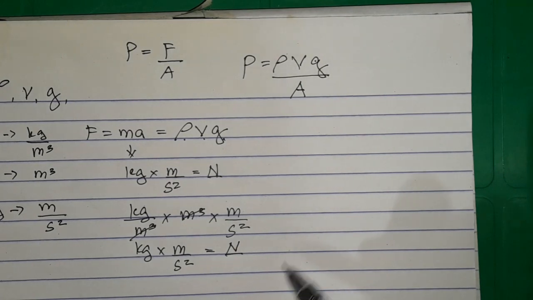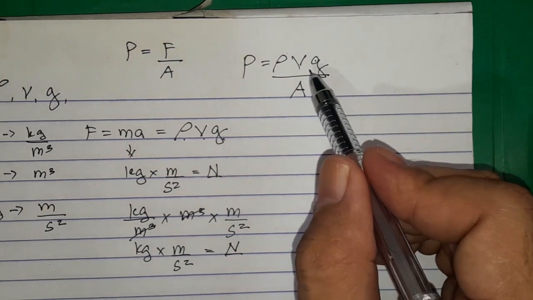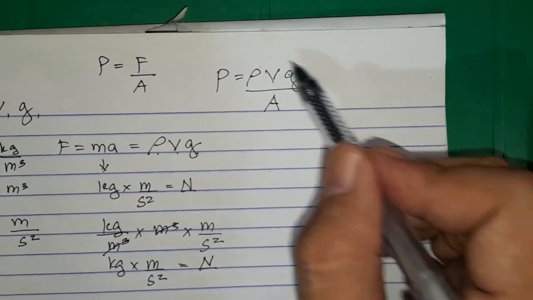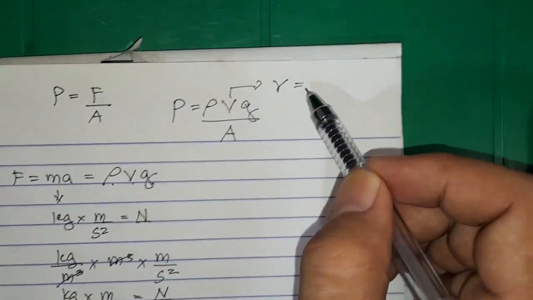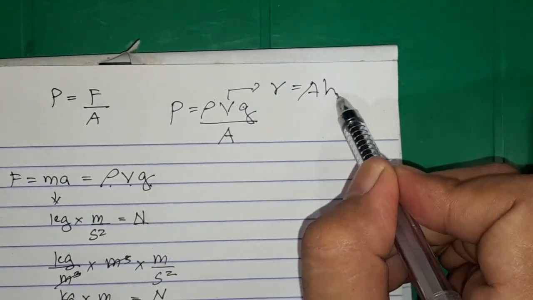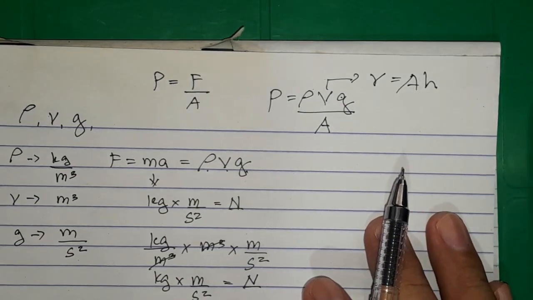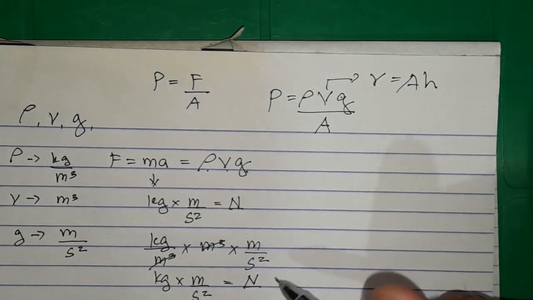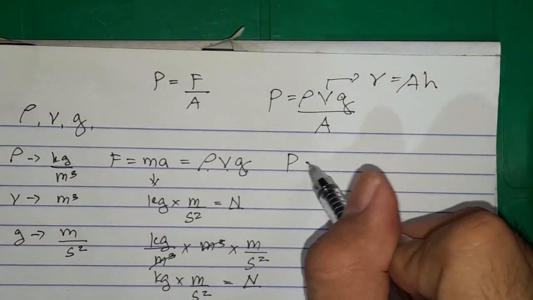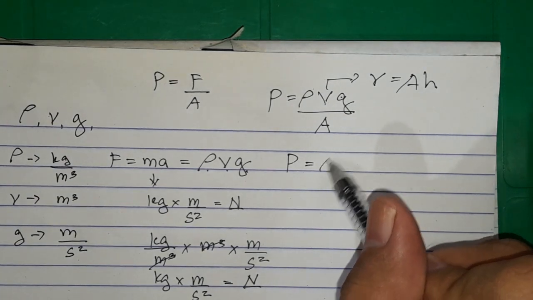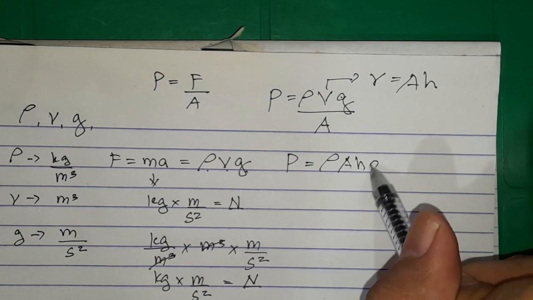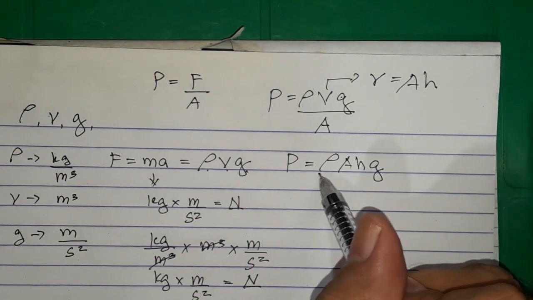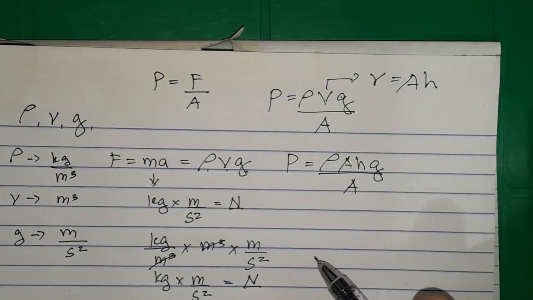However, this is not the final form of the formula, because volume is actually equal to area times height. So we can rewrite the formula into pressure equals density, area times height times gravity, over area.